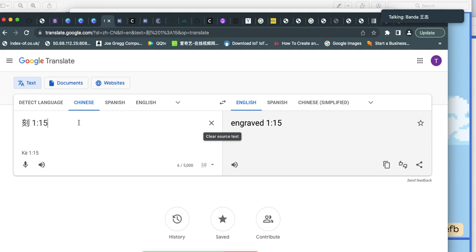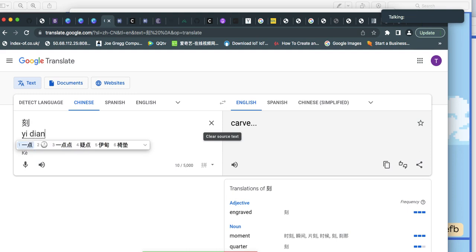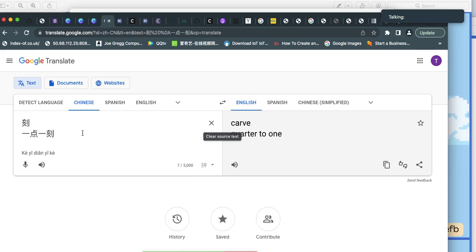1点1刻. Okay, so that's ideally the number. All right. Google didn't do a good job for us here because that's where we want to go, where we're saying 1:45.